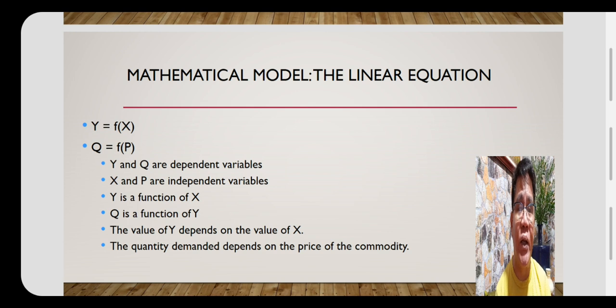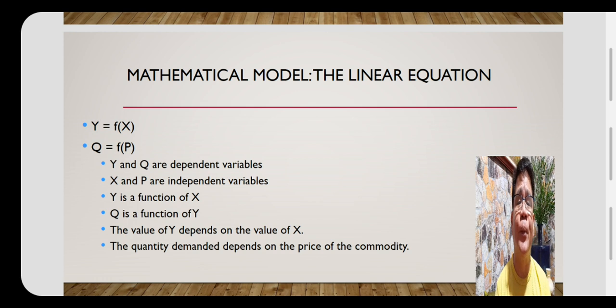Such a small letter f, as introduced in the functional expression, simply refers to the phrase depends upon, or it could also be stated as function of, or in other words, it can also be verbally expressed as influenced by.